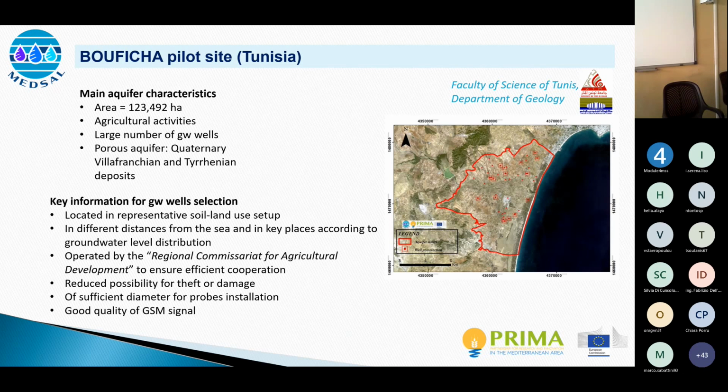The two wells chosen are operated by the Regional Commissariat for Agriculture Development to ensure efficient cooperation with this commissariat. Also, reduced possibility of theft or damage, sufficient diameter for probe installation, and a good quality GSM signal.